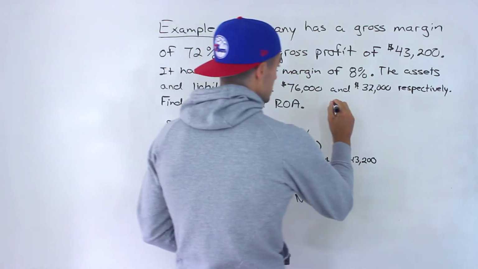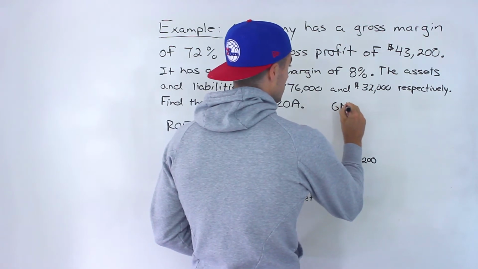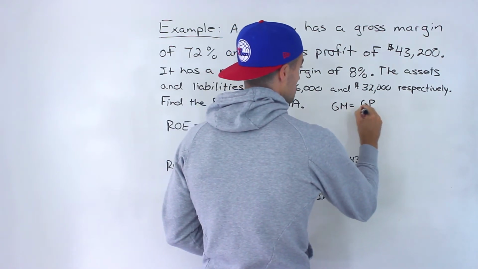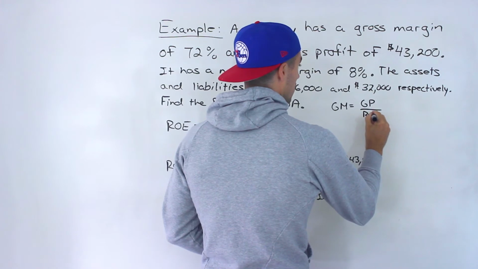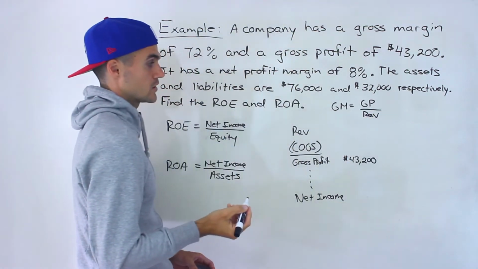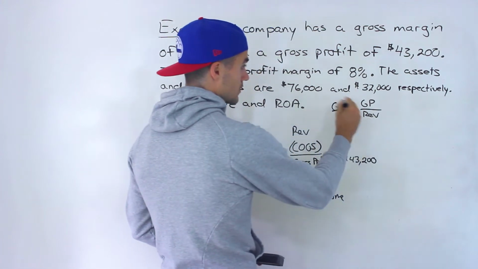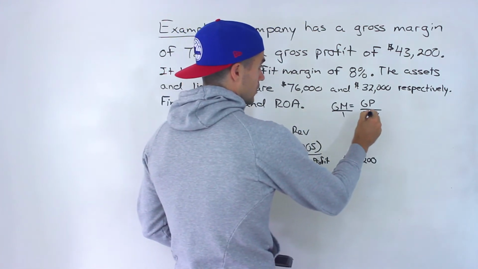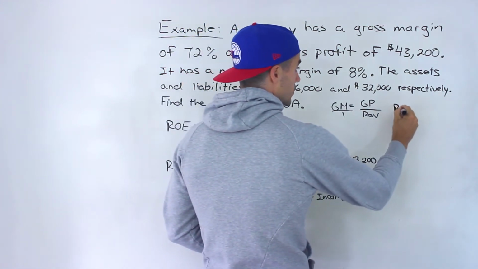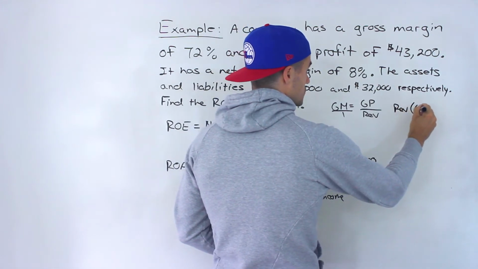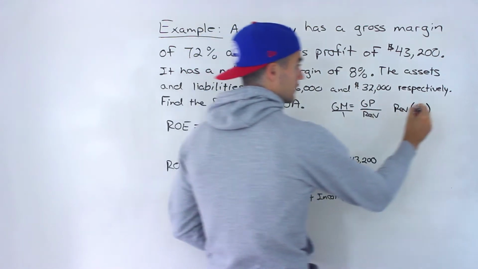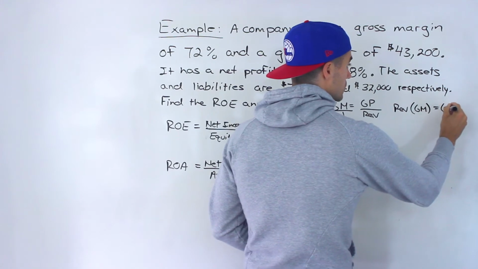Now, what is the gross margin? If you remember, it's basically the gross profit over the revenue. If we rearrange this, cross multiplying, revenue times gross margin is equal to the gross profit.